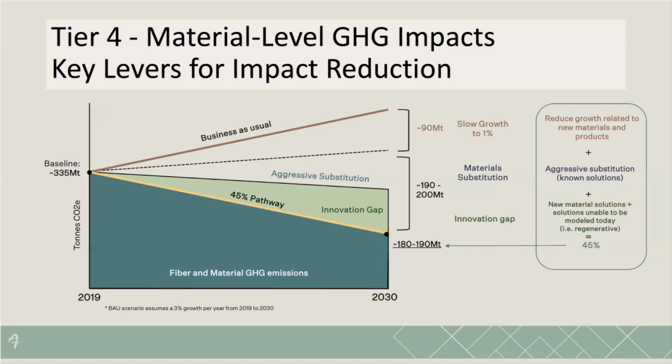The next lever is the innovation gap. And as mentioned earlier, this includes what we call those next generation materials and the potential for those materials to have impact reduction contributions toward our 2030 target. But the innovation gap also includes things that just can't be measured today.